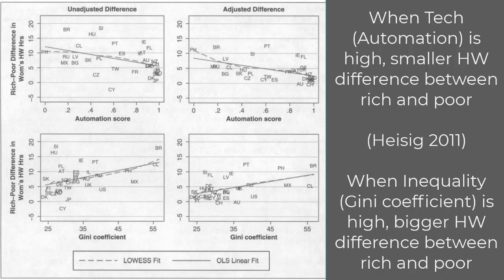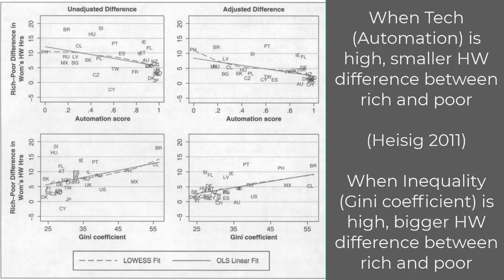So the Gini coefficient is a number that runs between 0 and 100, where 0 represents a situation in which everybody has the same, whether it's income or wealth, they have the same amount. 100, everybody has amounts of income and wealth that are as different from one another as possible.